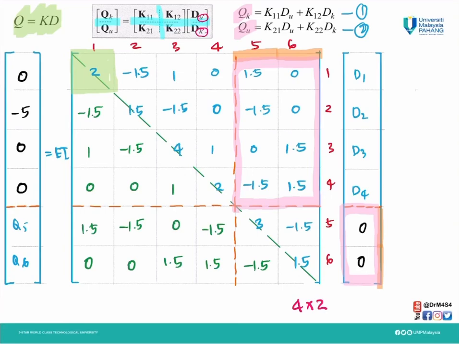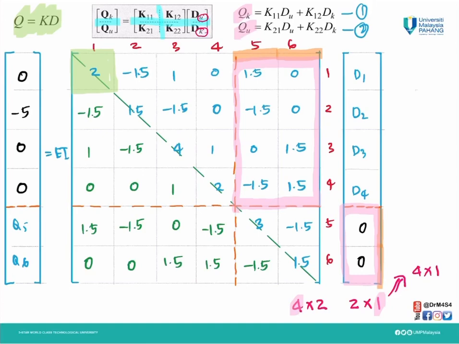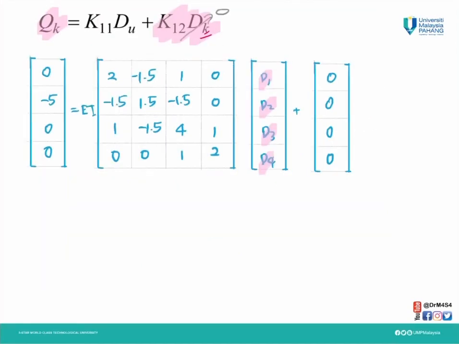The dk size is 2 rows, 1 column. Therefore, the result of this matrix operation is a 4 by 1 matrix. Since we know our decay is 0, the 4 by 1 matrix is all 0, as we can see in here.